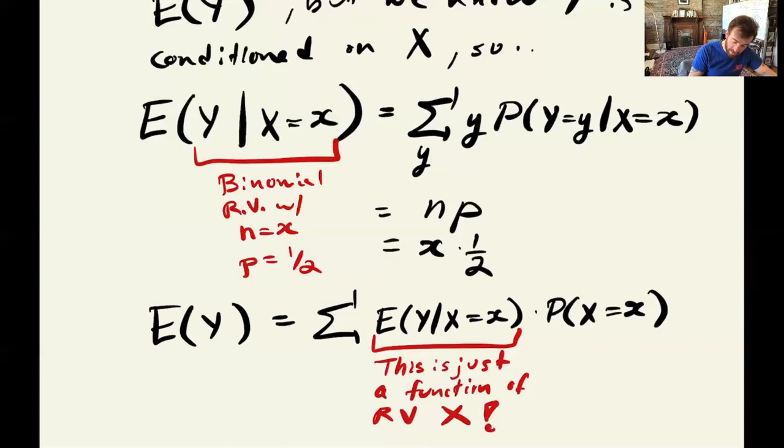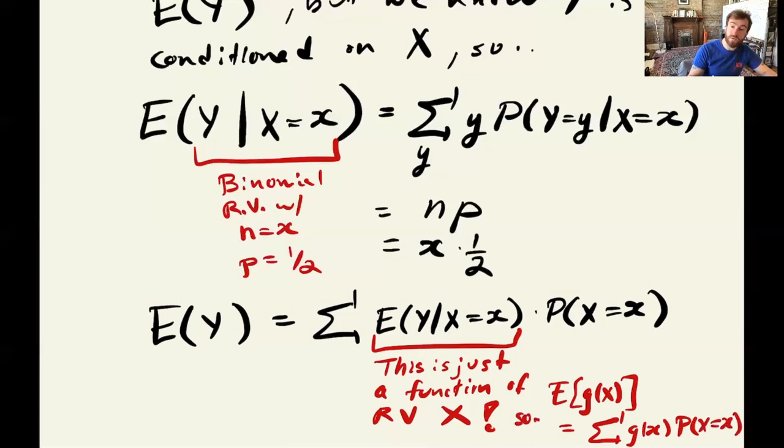And remember, whenever we want to compute, let's say, the expectation of g of x, by definition, this is just the sum of g of little x times the probability that capital X equals little x. So this formula works. The one I just wrote down is correct.